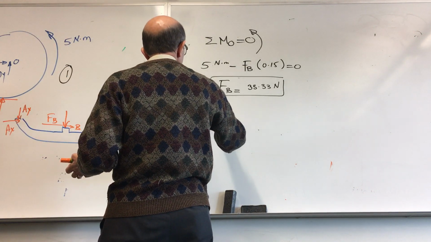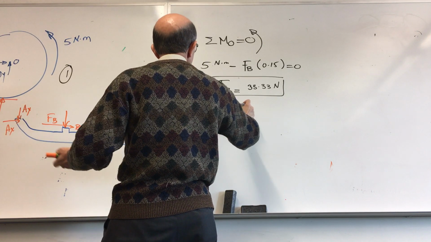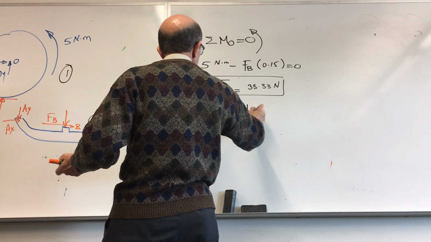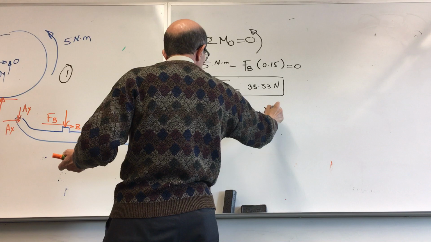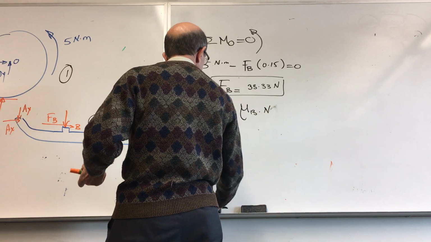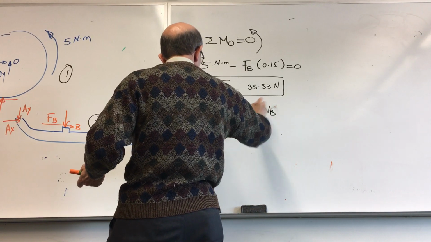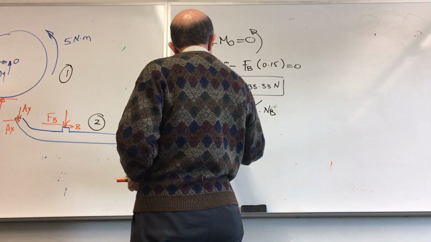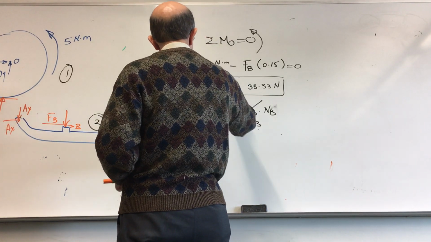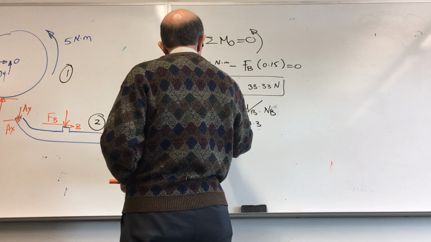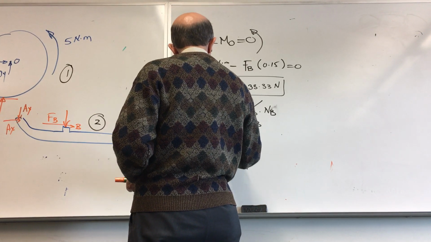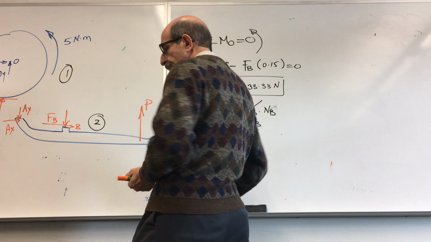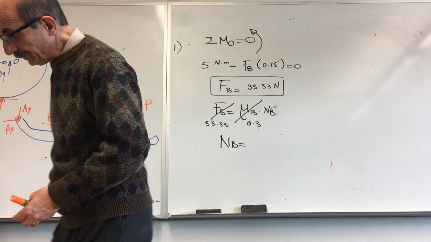That means this FB would be mu at B times N at B, right? Coefficient of friction at that point is given as 0.3. So with FB 33.33, NB comes out to be 111.1.